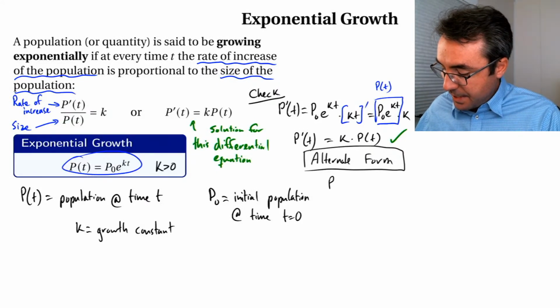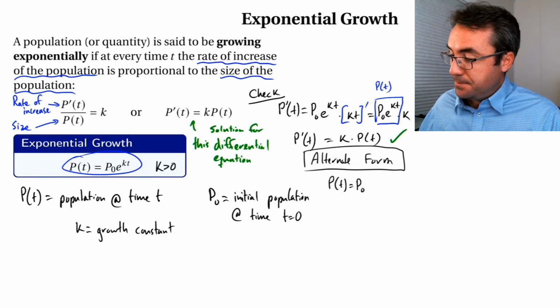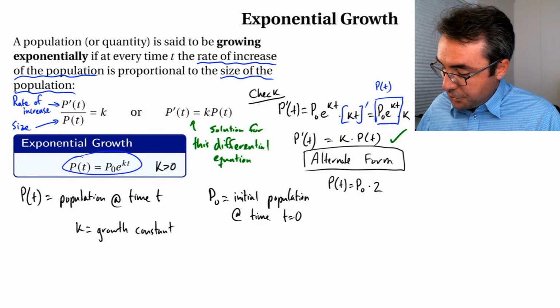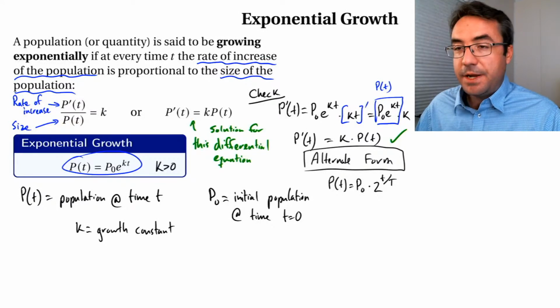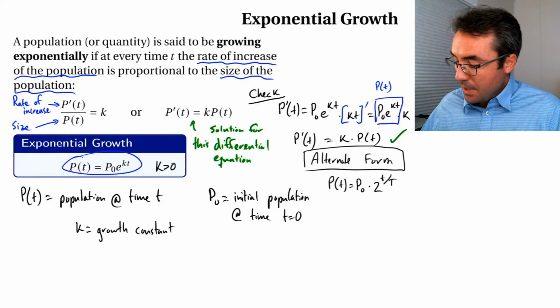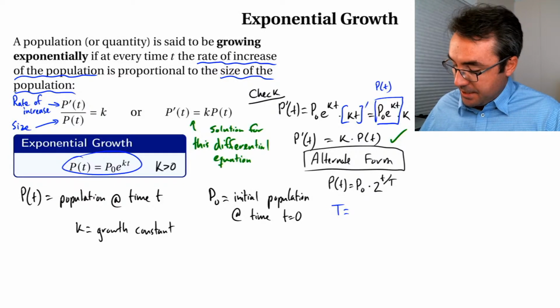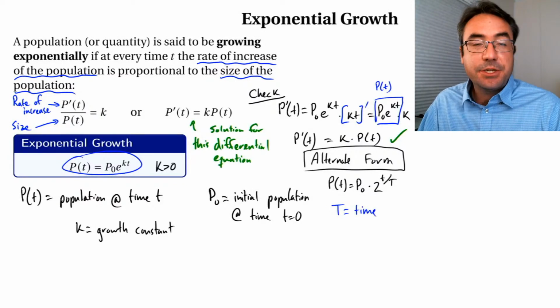So we could think of this as the population is equal to the initial population times 2 raised to the power little t over capital T. And in this alternative form, capital T is the time it takes for the population to double.